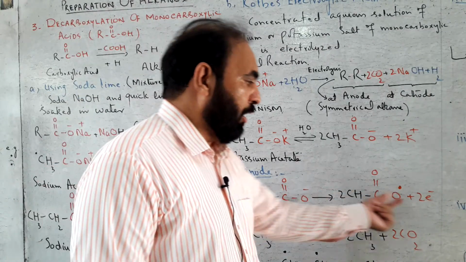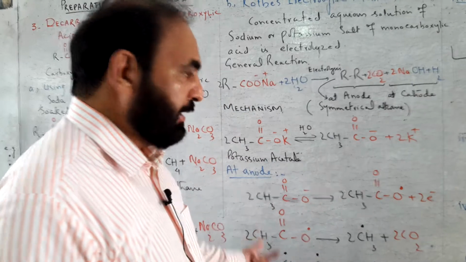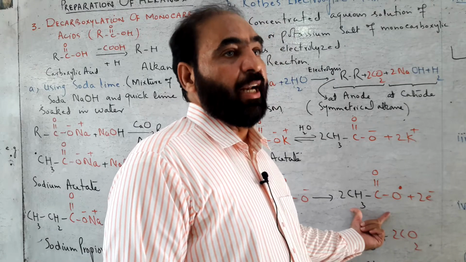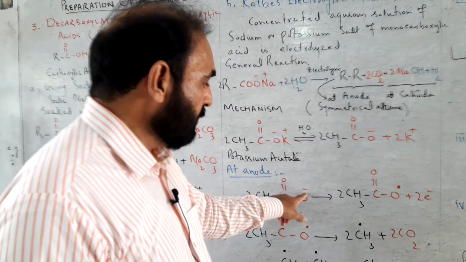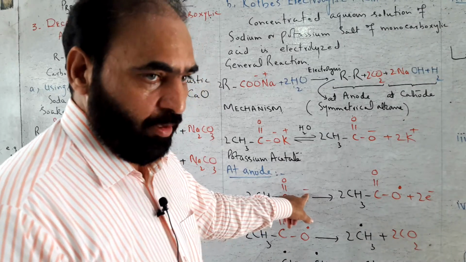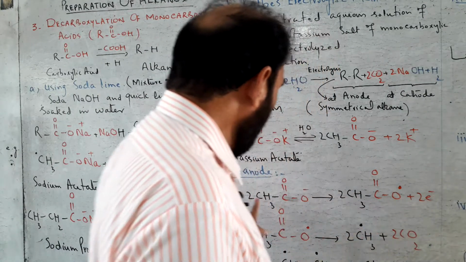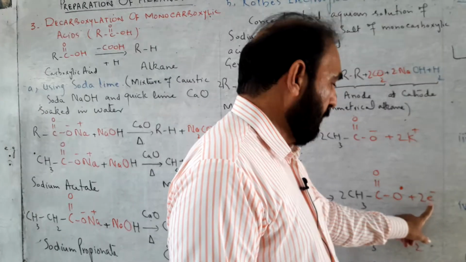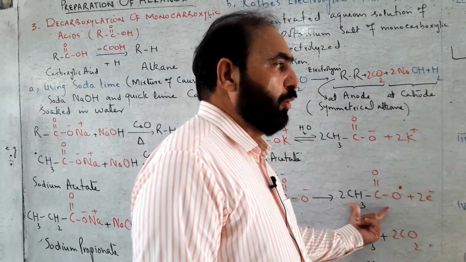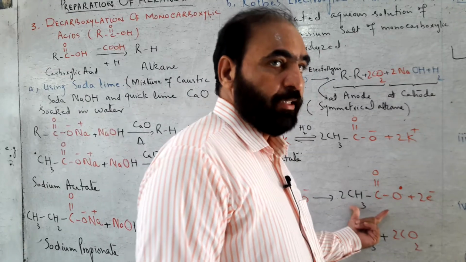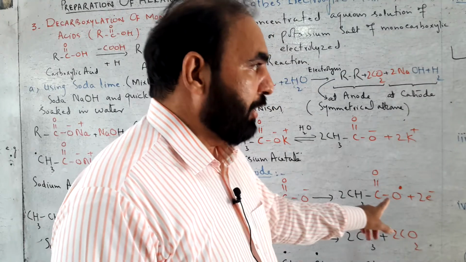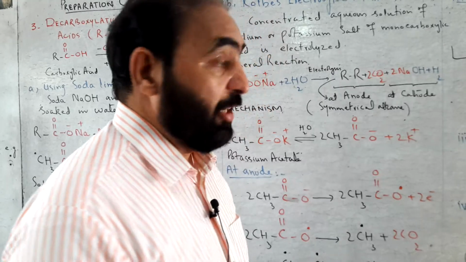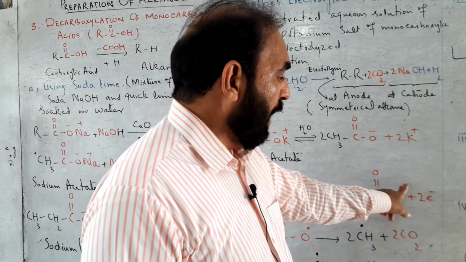After removal of an electron, acetate ion is changed into acetate free radical. Negative charge is due to the presence of an electron. 2 electrons from 2 acetate ions are removed, and we get 2 moles of acetate free radical. Free radical means an atom or a group of atoms in which there is present an unpaired electron.